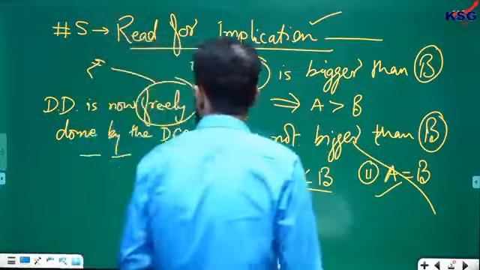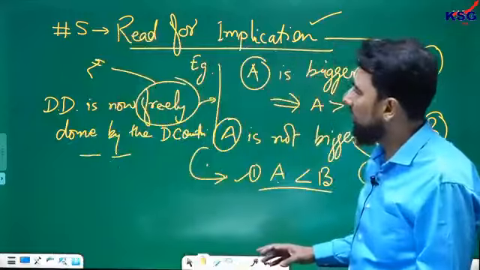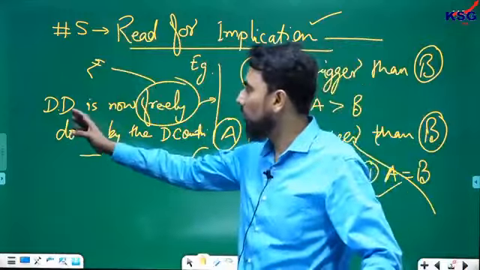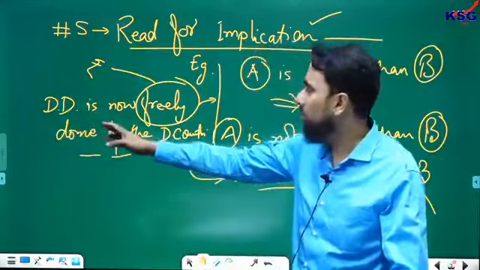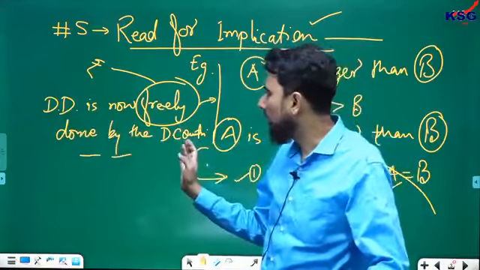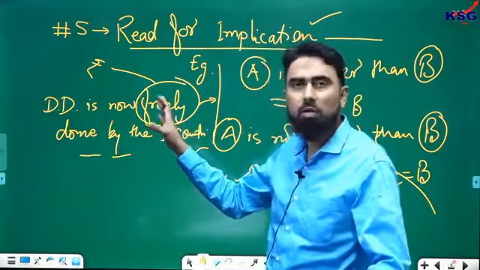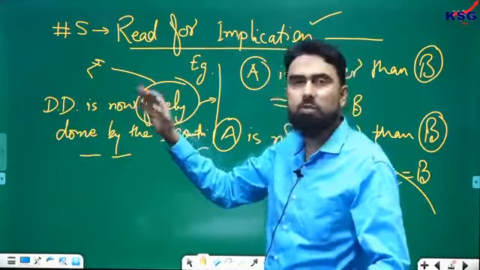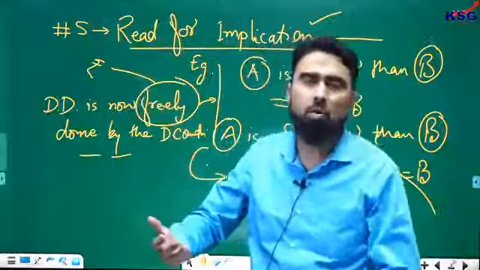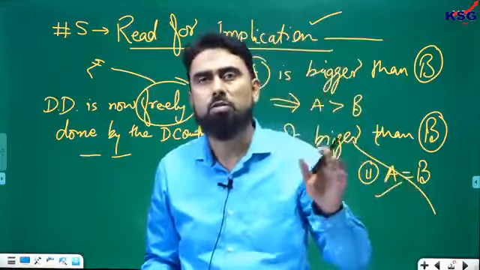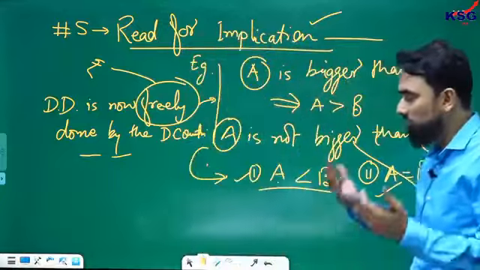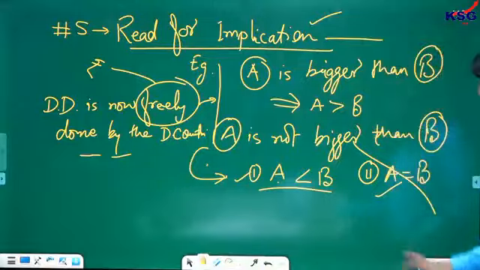Similarly, I give this example that if it is said that data from developing countries is now freely done by the developed countries or something. So the word freely has two meanings, like without paying any taxes, any money, or maybe without any restrictions, just freely. So always look for implication.